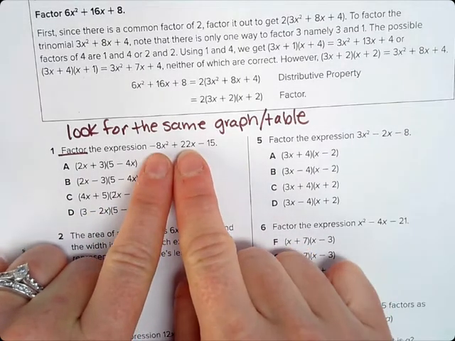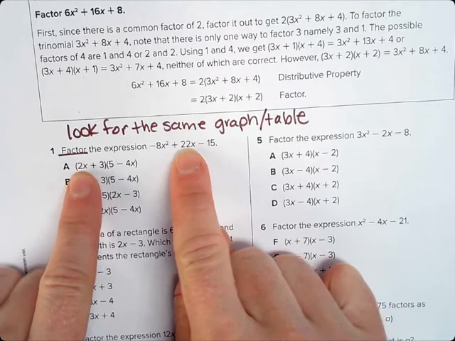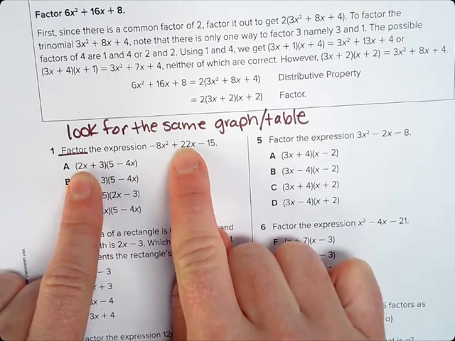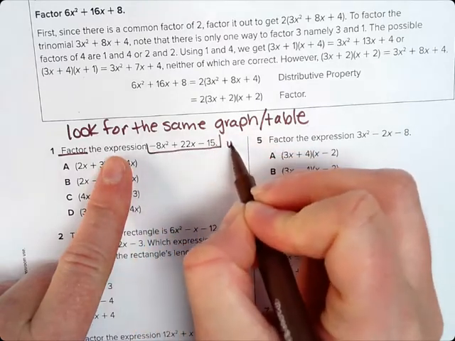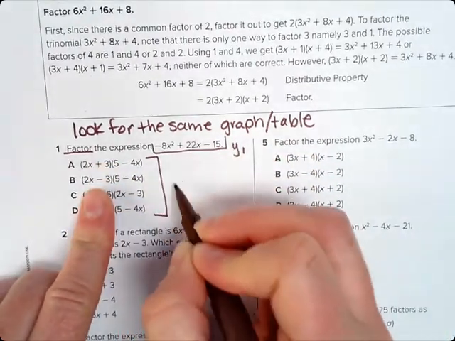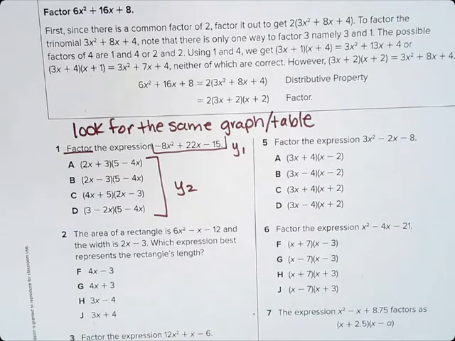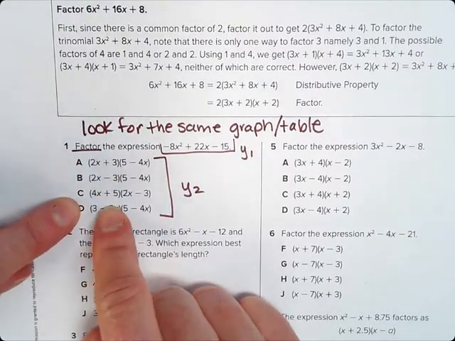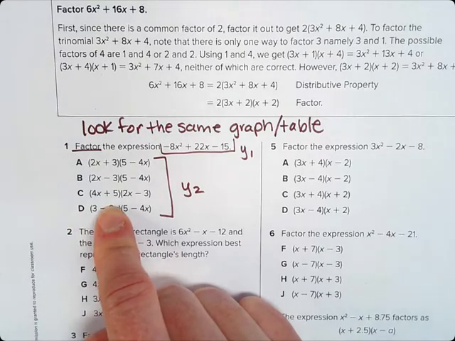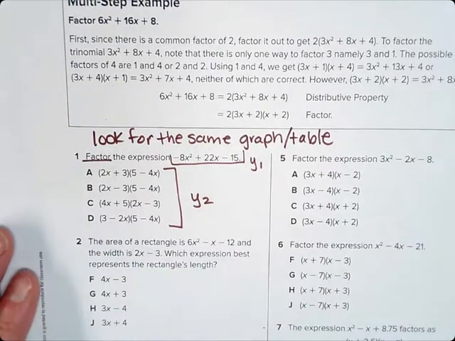If I look at this one and I look at this one, if I put this one into y1, and put our answer choices into y2, we're looking for them to be the exact same. You can put them in individually, or y2, y3, y4, y5, and then just see which one is on top of the other. So let's go ahead and do that.